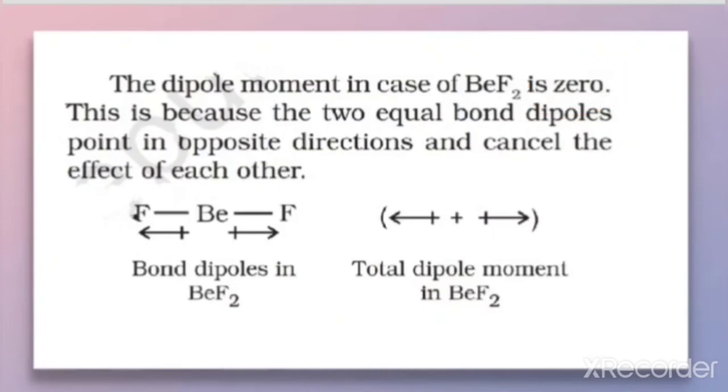Why? Because the two equal bond dipoles are in opposite directions, so they cancel each other. This results in zero dipole moment for the molecule. So the dipole moment in the case of BeF2 is equal to 0.